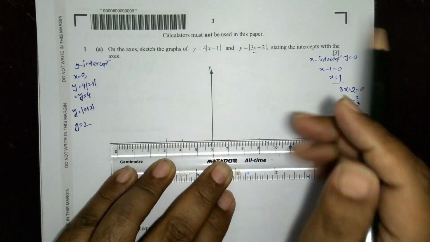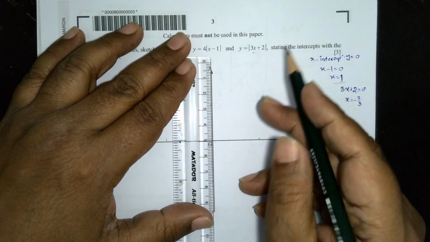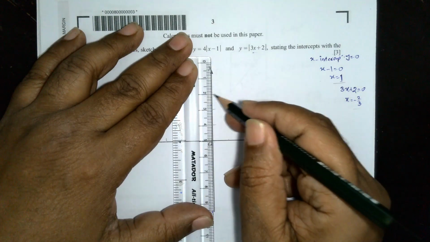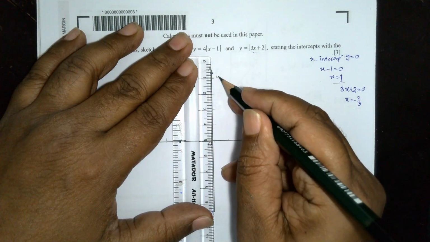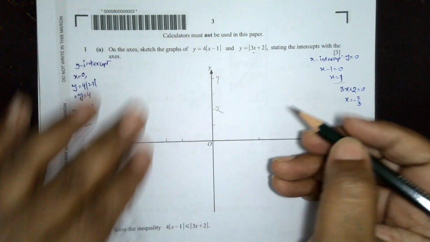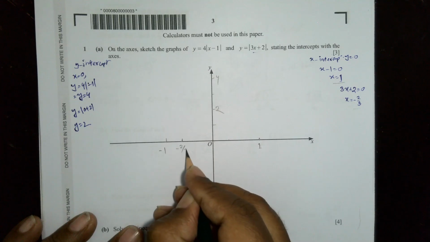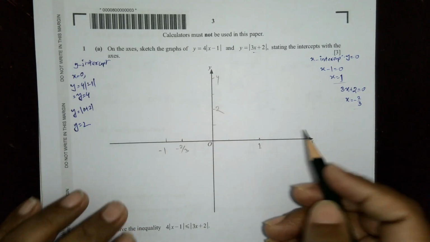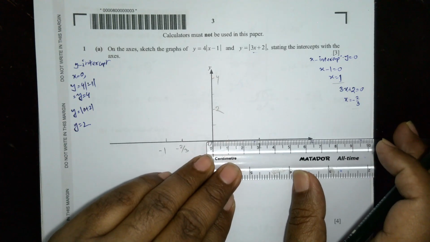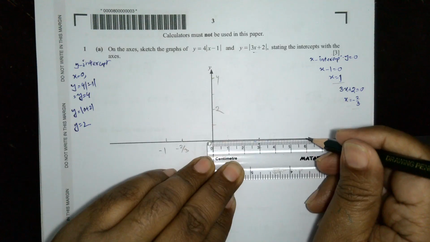The y-intercept I got is 4, so I can take this as my 4 and this is my 2. So this is 1, this is minus 1, and here is minus 2 over 3. Since this is 1, we have to find another point to draw it completely accurately. Here again this is 2.